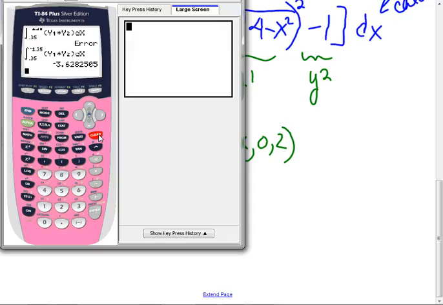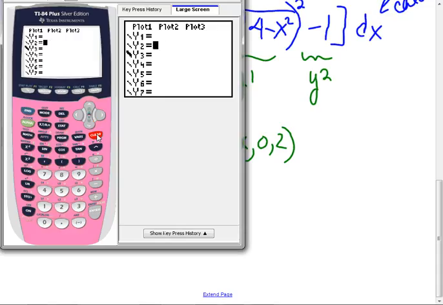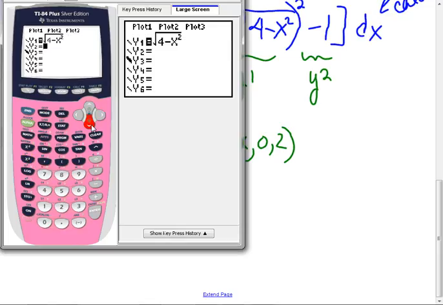And I'm going to clear that out. And in Y1, I'm going to put in, let's see, the square root, 4 minus x squared. And I could do alpha y. It doesn't matter. I'm just trying to keep my life simple. And then I'm going to go, then that's done. And then in this one, I'm going to put in 1. Oh, wait, this is plus 1, isn't it? Yep.